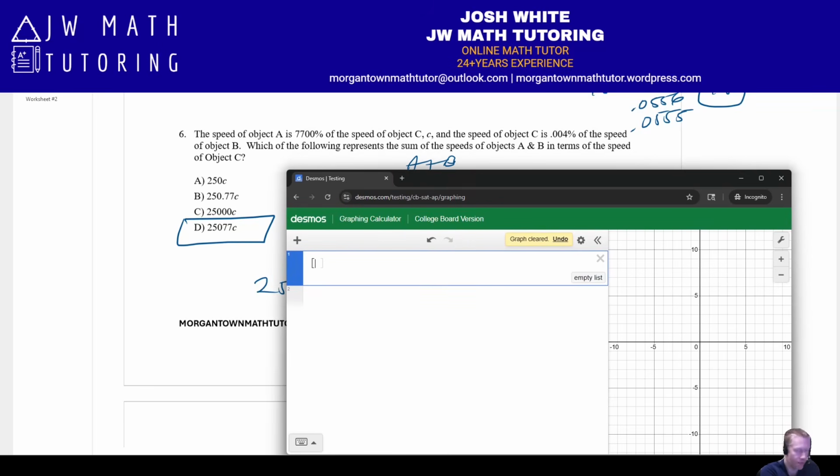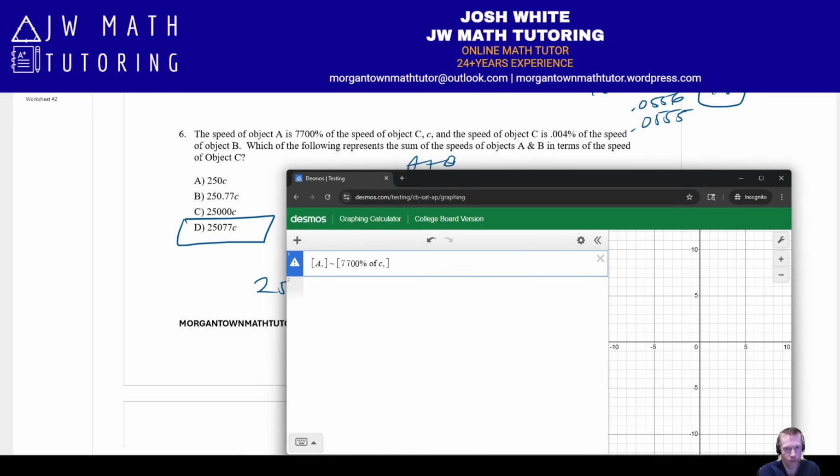So, again, I'm going to set up a system of equations with regression. So the first thing is going to have, whoops, we want to make sure we want the bracket. A is equal to 7,700% of C, and I'll use a lowercase c for that one. Okay.